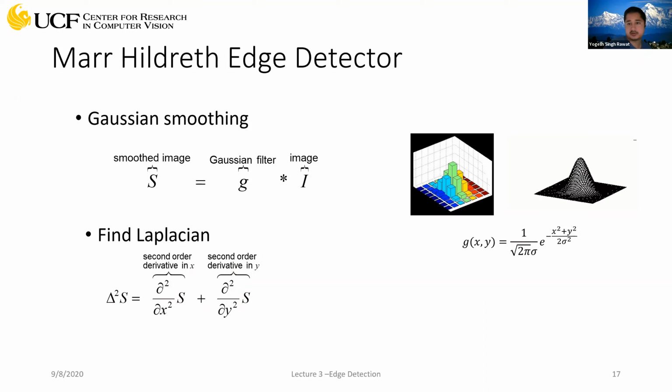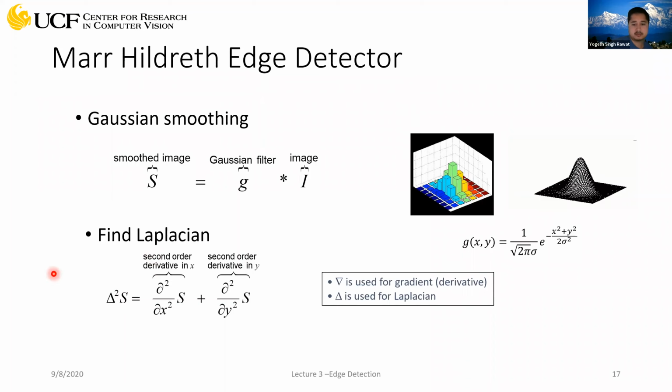One minor notation point: this symbol we earlier used for gradient when you compute the derivative, and this inverted triangle is used for the Laplacian. So don't confuse between these two. Both are different things.